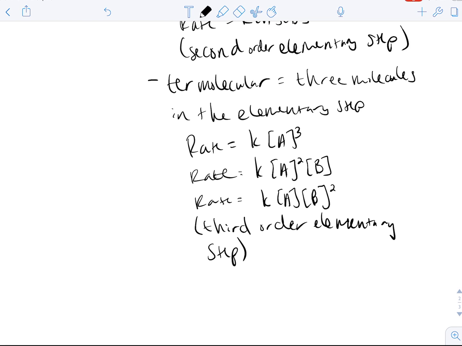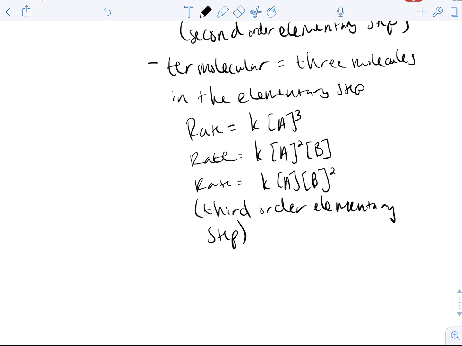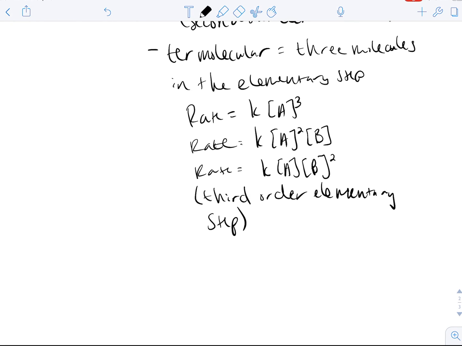Because we're showing our actual collisions with our elementary steps, we can base our overall rate law on the slow step of our reaction mechanism.